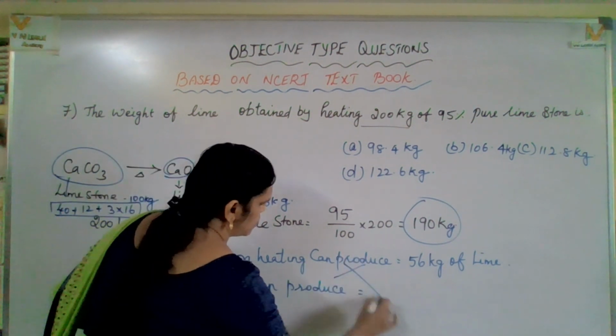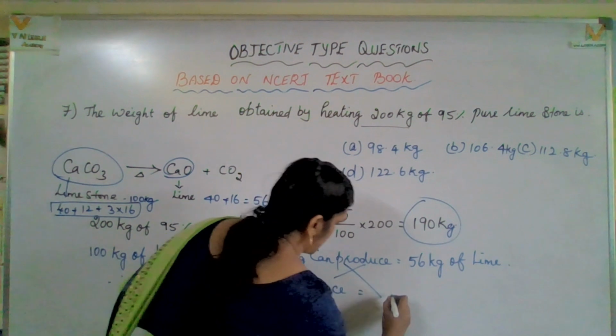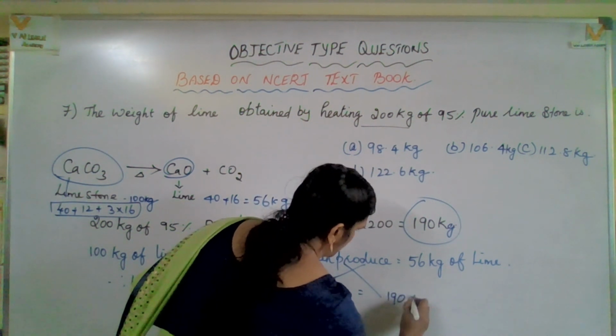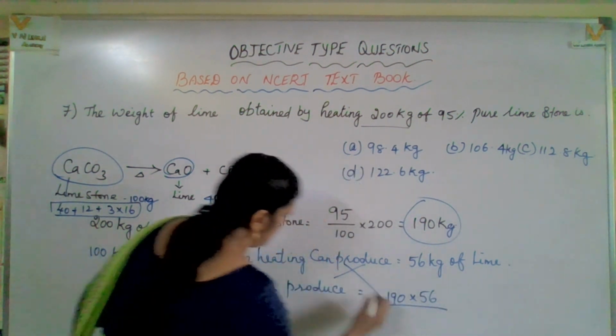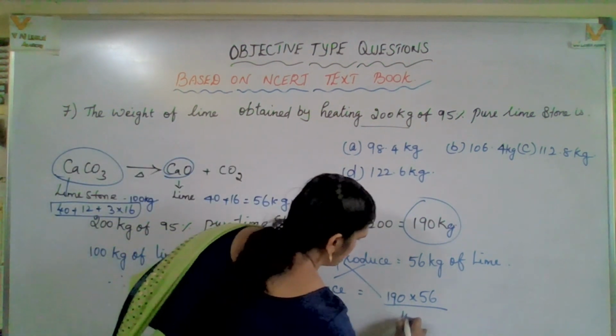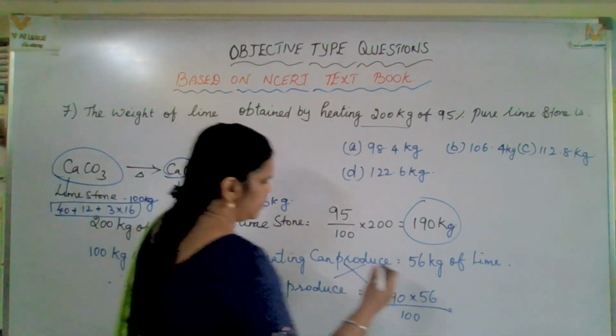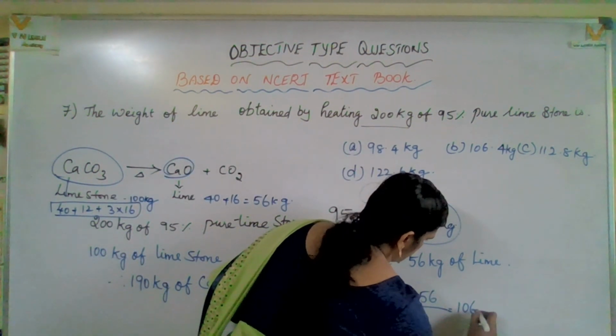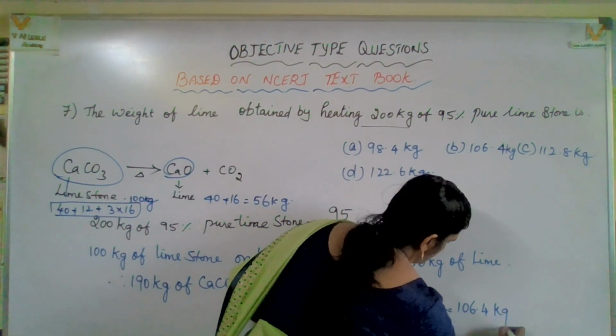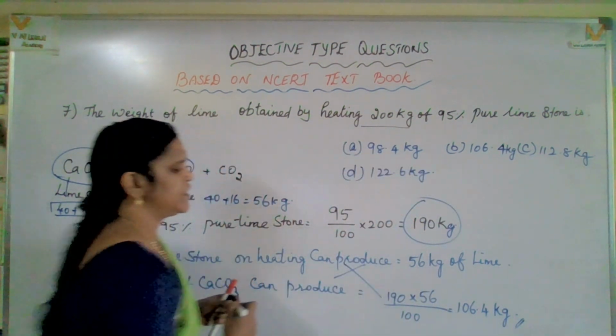Cross multiplication only. So what is the cross multiplication? 190 into 56 divided by 100. So you will get the answer here: 106.4 kg. Yes, you got it.